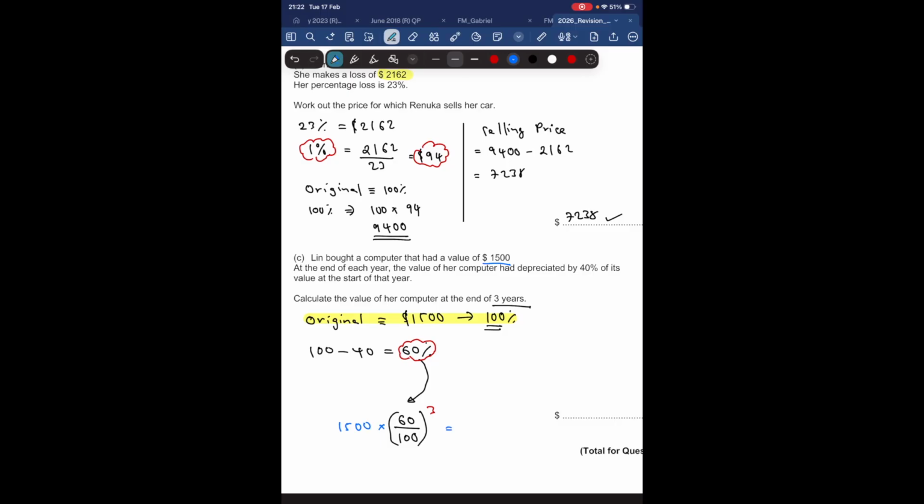And we can do that whole calculation in one go. If we type all of this into the calculator in one go, we're going to end up with a value of $324. And that's the value of the computer at the end of the 3 years.